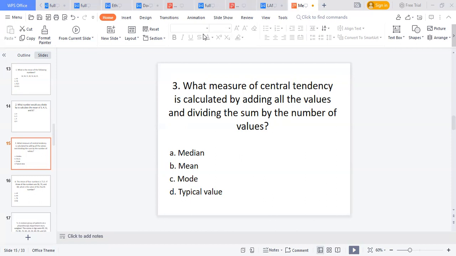What's the answer? Yes, Muvanga, B is correct. Lizzie, yes, B is correct. It's the mean.